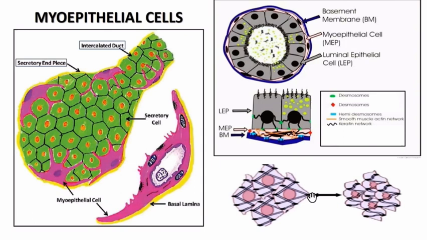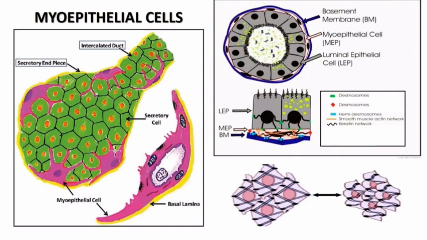Their special characteristic is a smooth muscle cell appearance, so they have a contractility function. They also have intercellular junctions between themselves, and they are joined to the secretory units by hemidesmosomes.